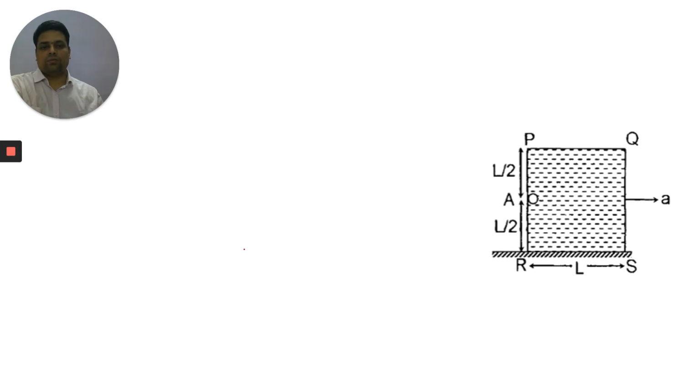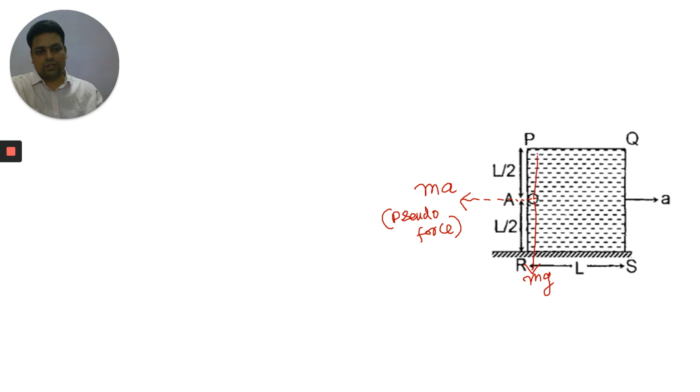So now here on the ball, as the container is accelerating, there is a pseudo force with respect to container MA, and of course gravitational force mg would be acting. For mg, you will describe a buoyant force, and corresponding to ma, you will write a pseudo buoyant force.